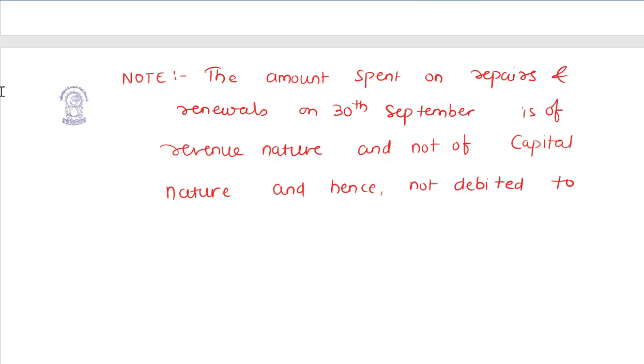That means not capitalized, not debited to machinery account.